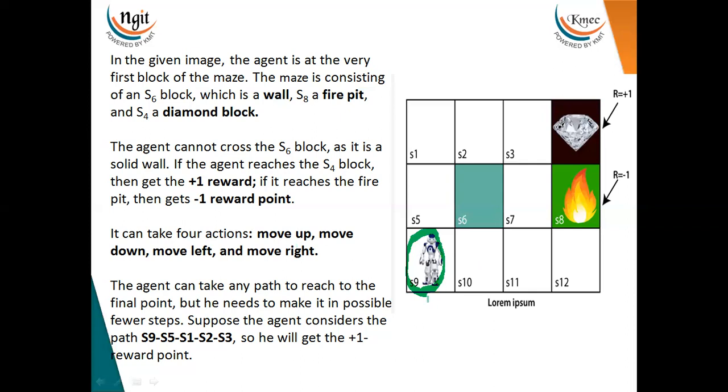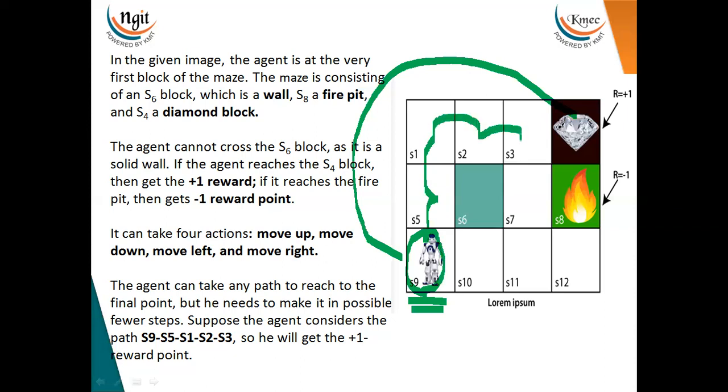Suppose my agent is in the block S9 and I want to reach the block S4. Which path can I take? From S9 I go to S5, from S5 to S1, then S2, S3, and finally I reach my goal and get the reward of +1.